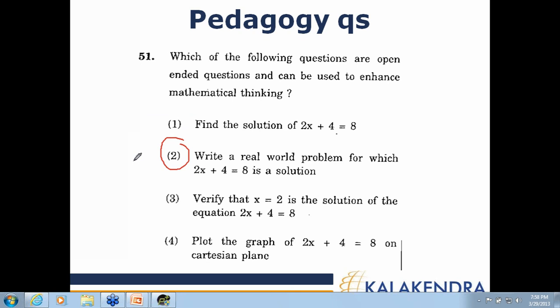It's an open-ended question which can enhance mathematical thinking in terms of how someone can frame a word problem statement that leads to the equation being formed the way it is written. So those of you who are using such techniques in the classroom will not find it difficult at all to attempt such questions.